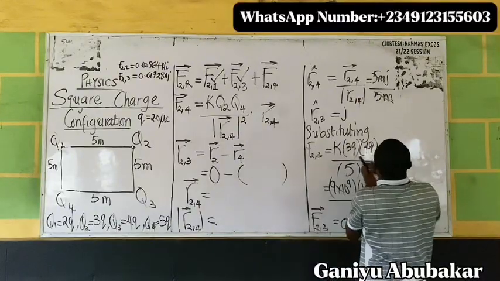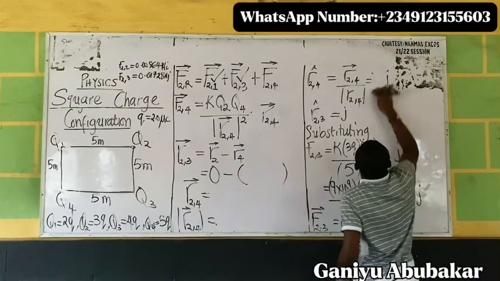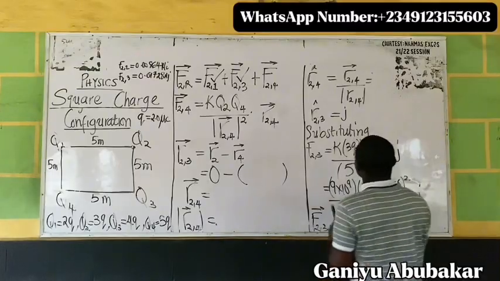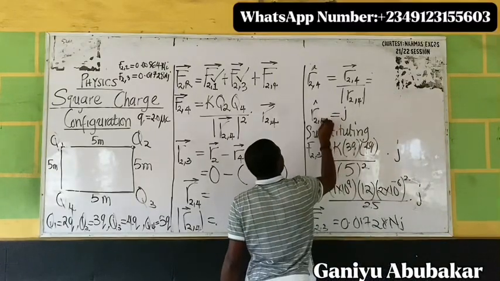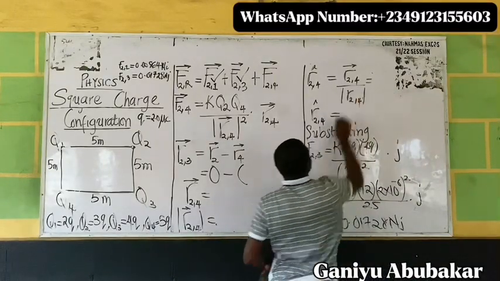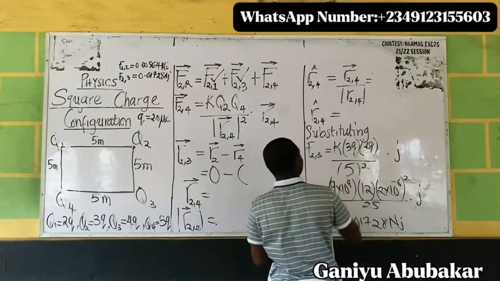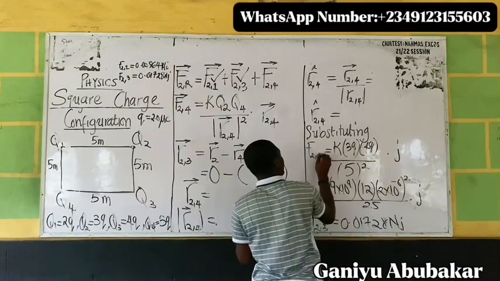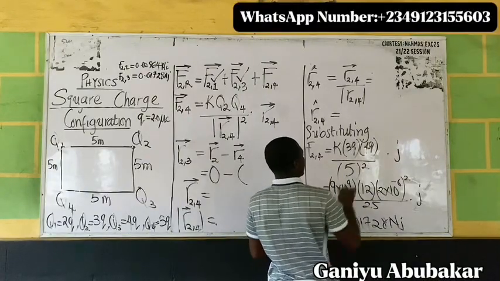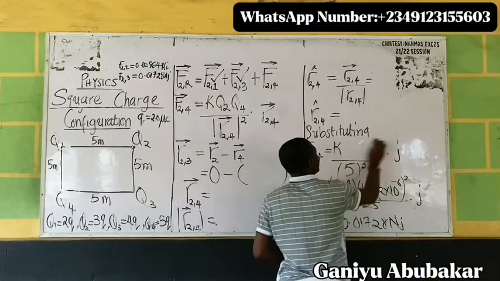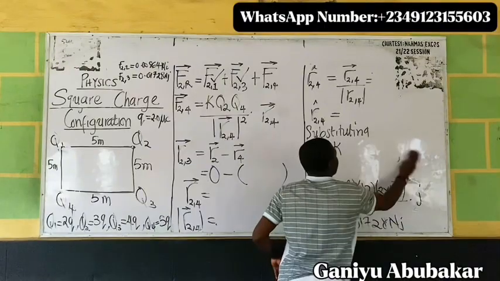This value is not yet correct. Erase this one. Alright, let's get R24.